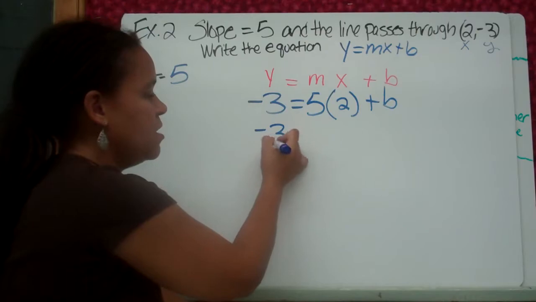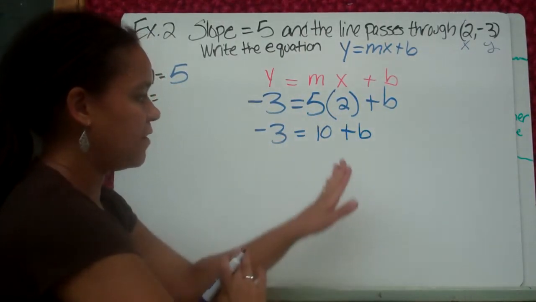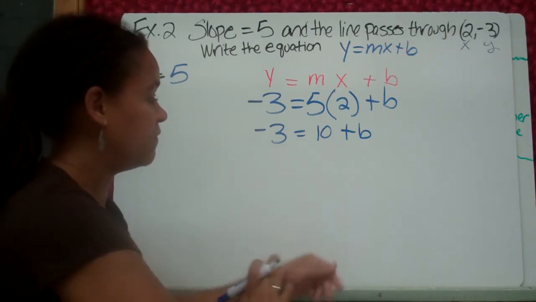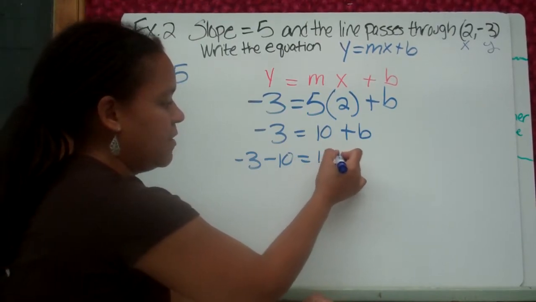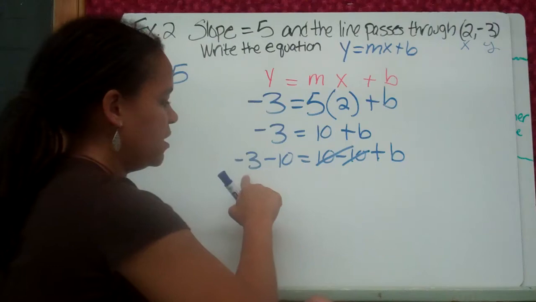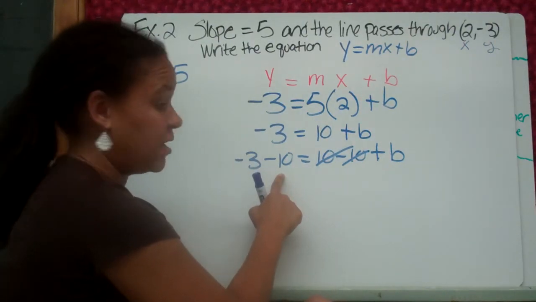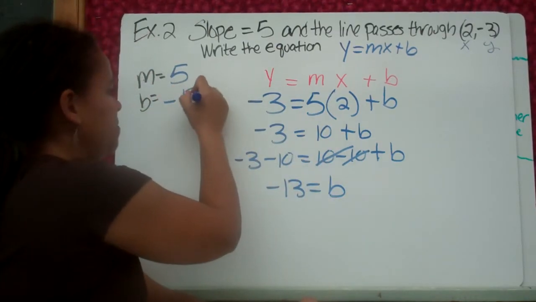So negative 3 is going to be equal to 10 plus b. And then if we need to get rid of the 10, we can just subtract 10 from both sides. So negative 3 minus 10 is equal to 10 minus 10 plus b. Those go away. Negative 3 minus 10 would be negative 13. So now I know b.